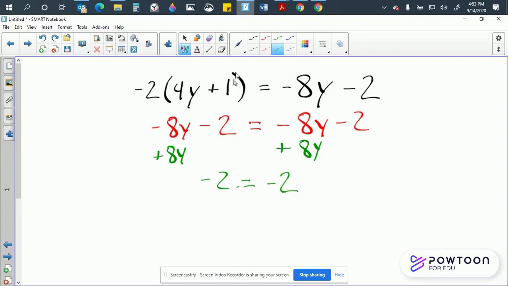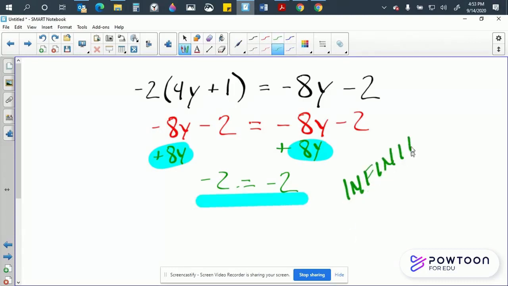In this case, negative 2 does equal negative 2. So this equation actually has infinite solutions.